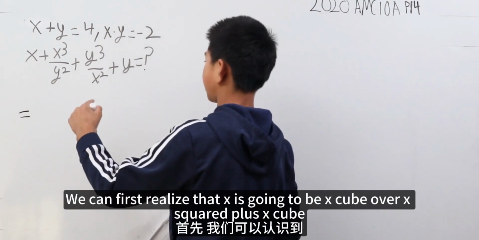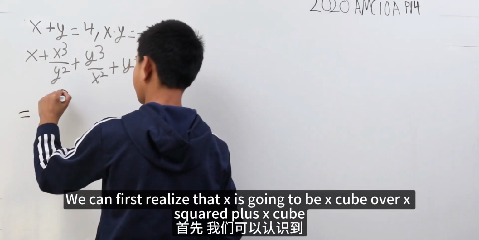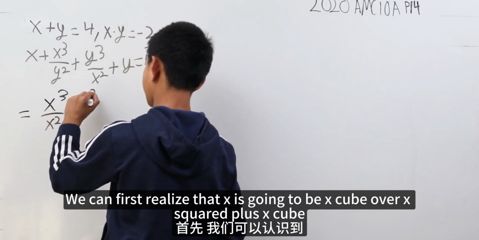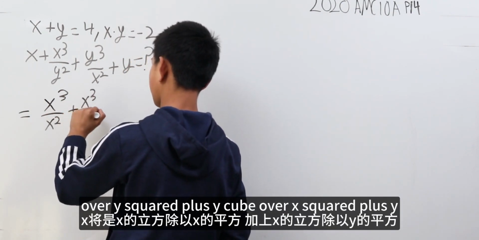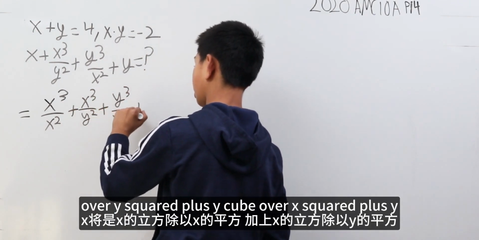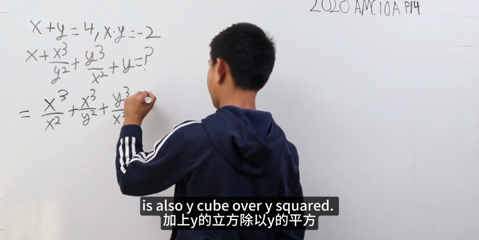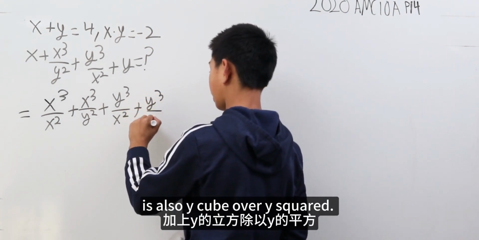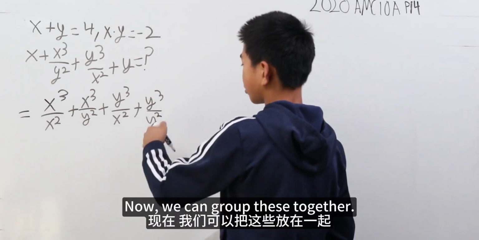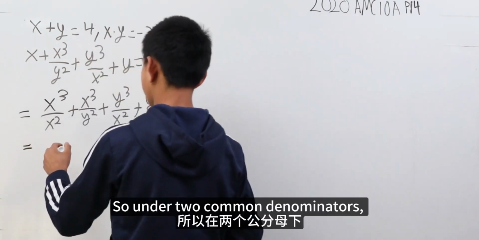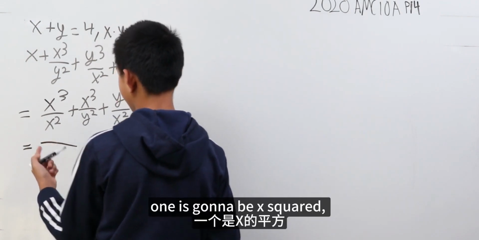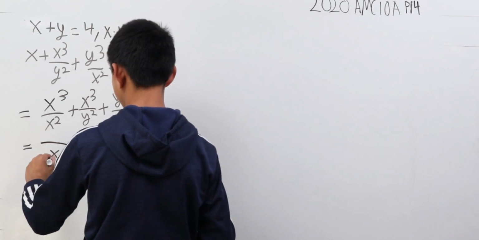We can first realize that x is x cubed over x squared, plus x cubed over y squared, plus y cubed over x squared, plus y is also y cubed over y squared. Now we can group these together under two common denominators: one is going to be x squared and one's going to be y squared.